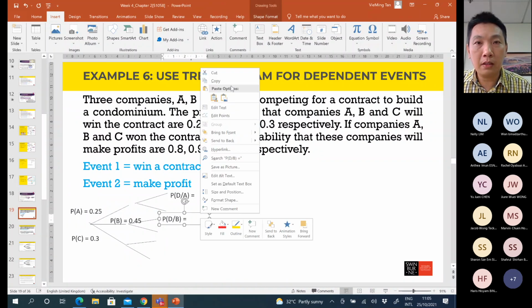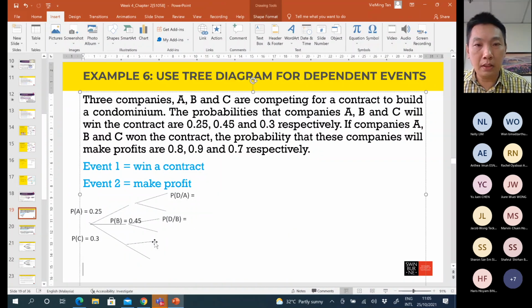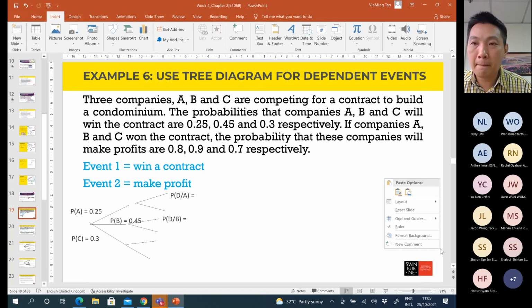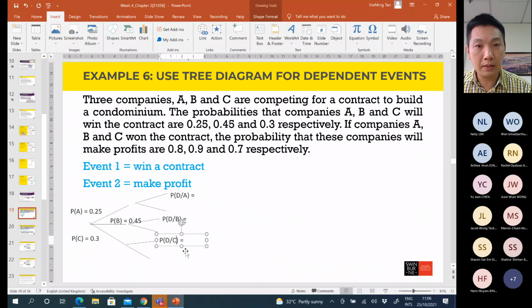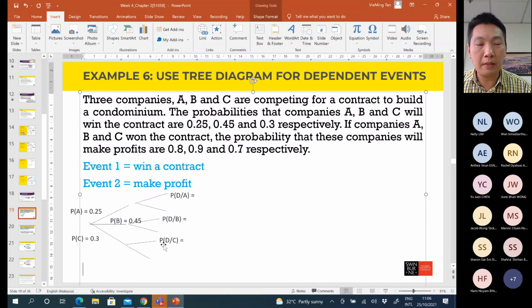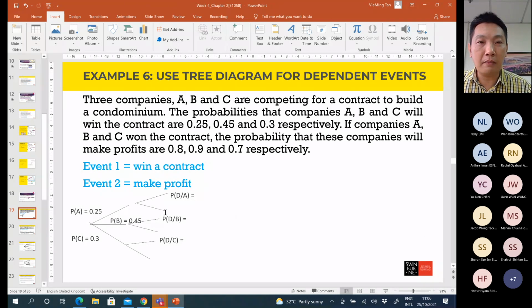Then how about this branch? Because this branch depends on C, we put C at the back. So this branch represents the probability of company C making a profit if company C is able to get the contract.